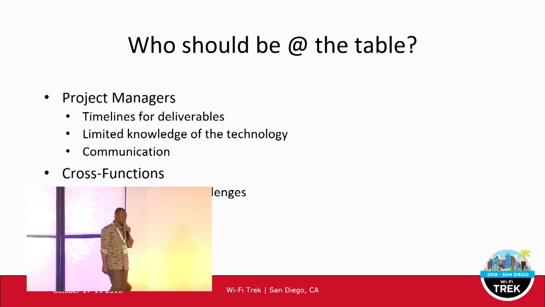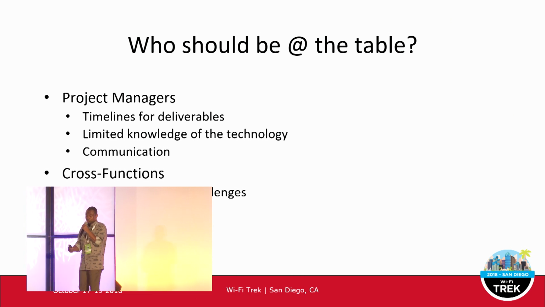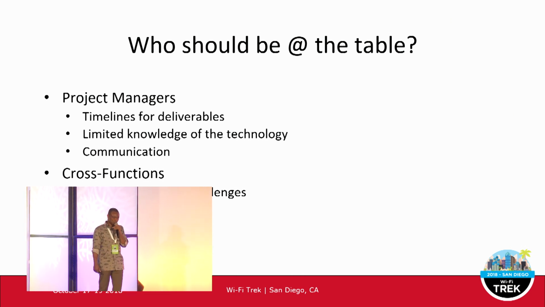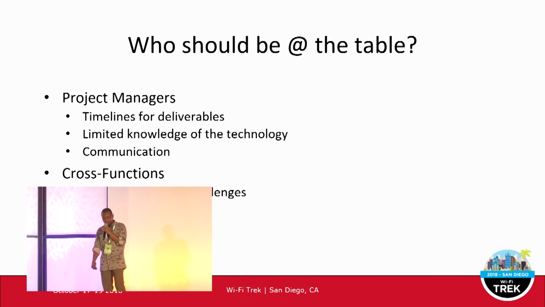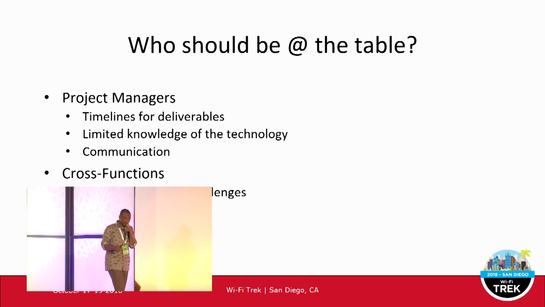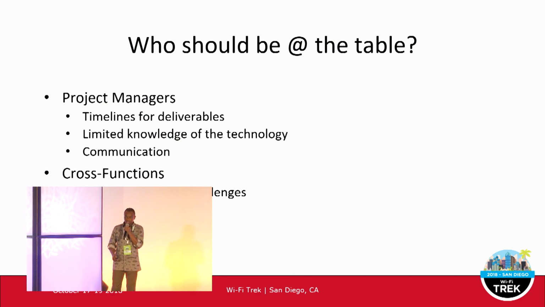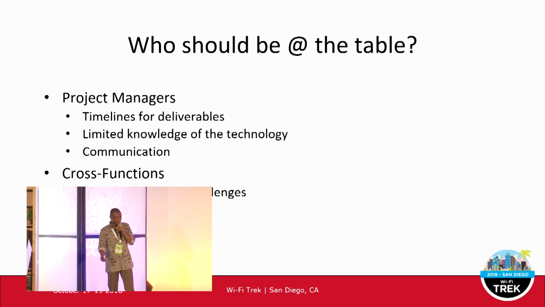The cross functions. This has to do with, if you are doing an IT in an environment that is industrial, let me tell you, you need the health and safety department, you need the security, you need anybody and everybody that needs to understand what you're doing. The reason is that you can never have enough people.